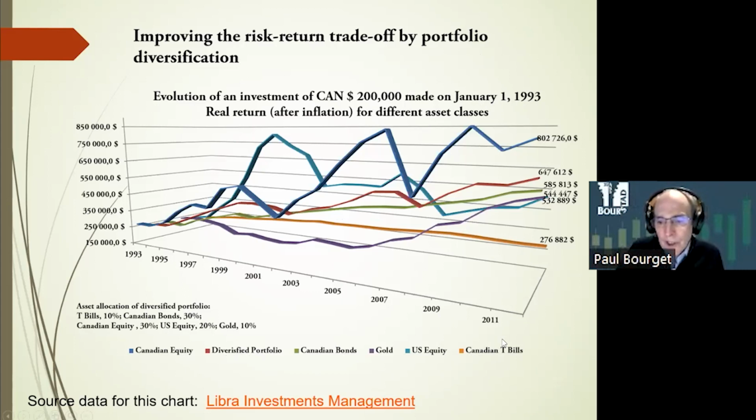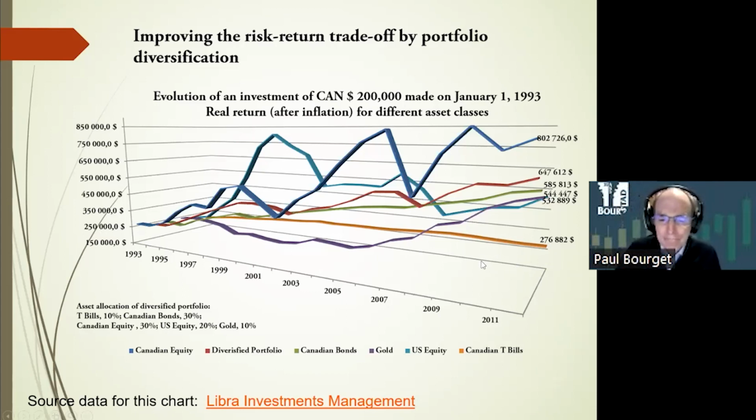We see the Canadian Treasury bills, which are short-term bonds, 3-month bonds issued by governments. So we started with 200,000 Canadian dollars, and at the end of 20 years, we had accumulated $276,000. Not much, in fact.